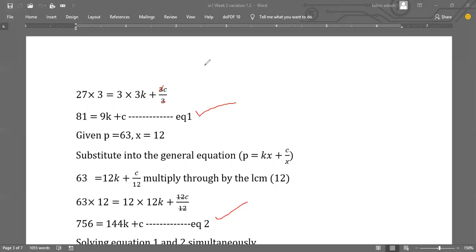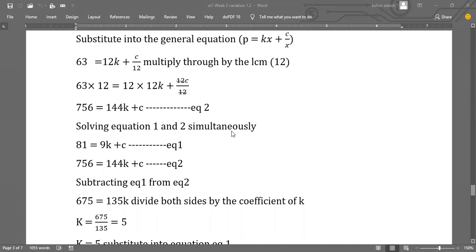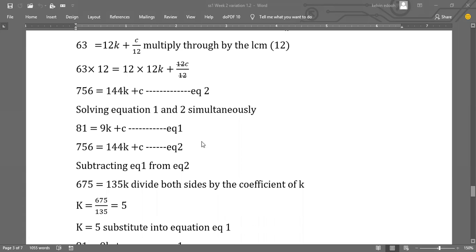The same thing now, we're going to solve it simultaneously, equations 1 and 2. I say subtract equation 1 from 2. Or if you don't want to write this statement, just put a sign like this and subtract.